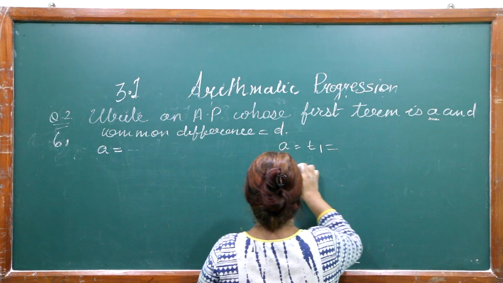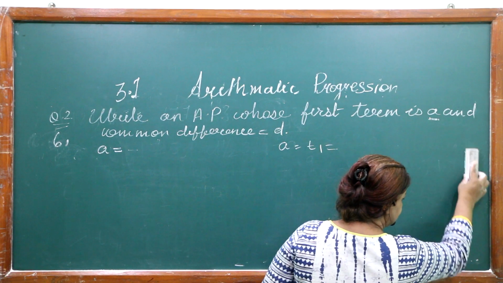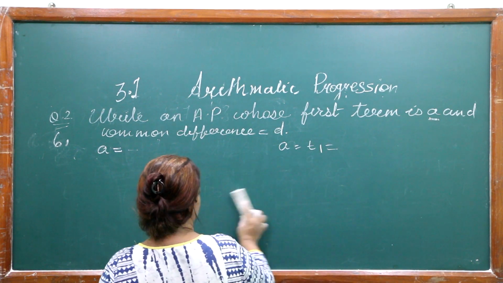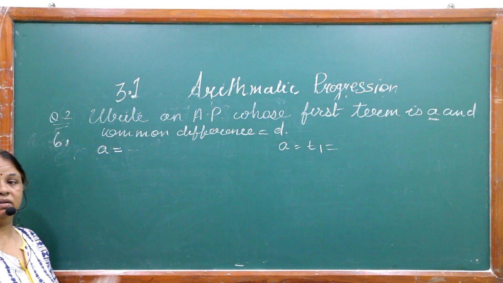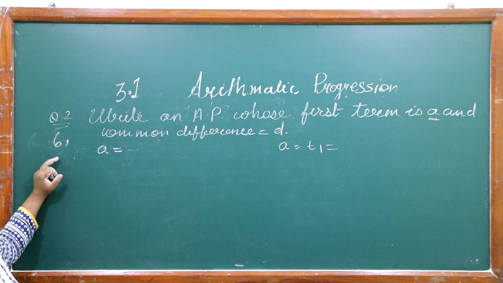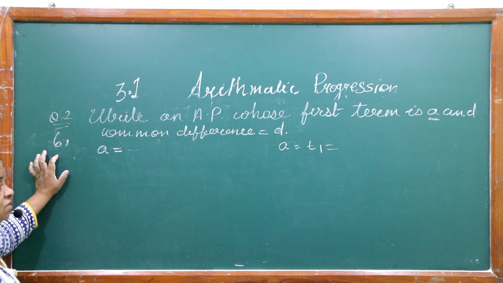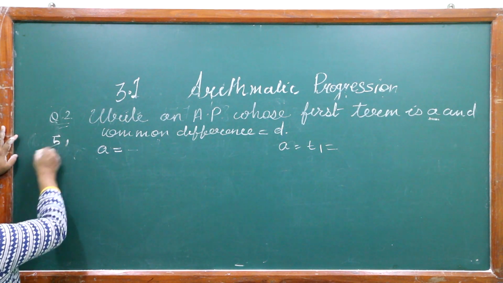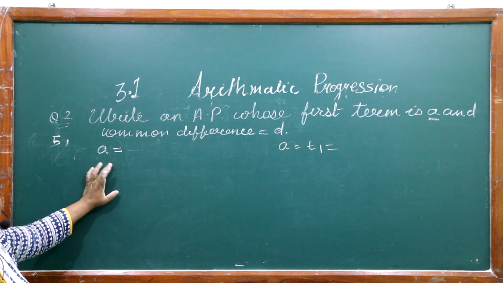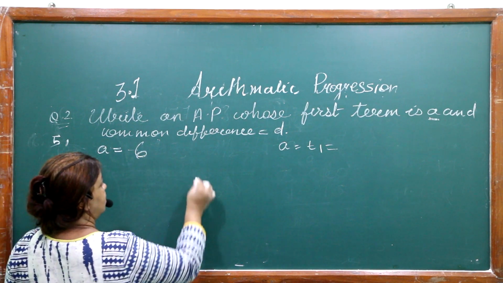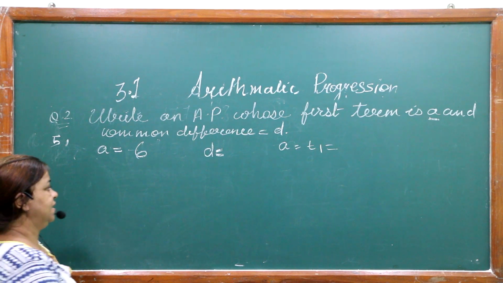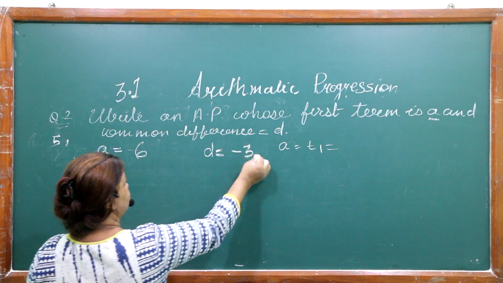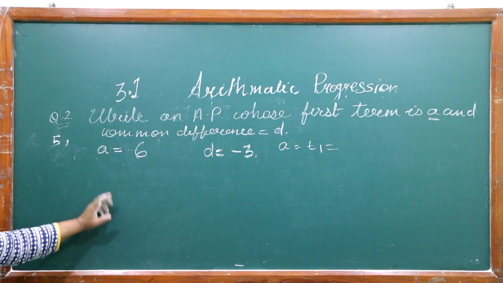These are the things you should be very careful about: the decimal, the subtraction, the sign of the greater number. Now in question number 5, I think it's question number 5, not 6. A is given as 6 and the common difference is given as minus 3. And you need to find out the arithmetic progression.